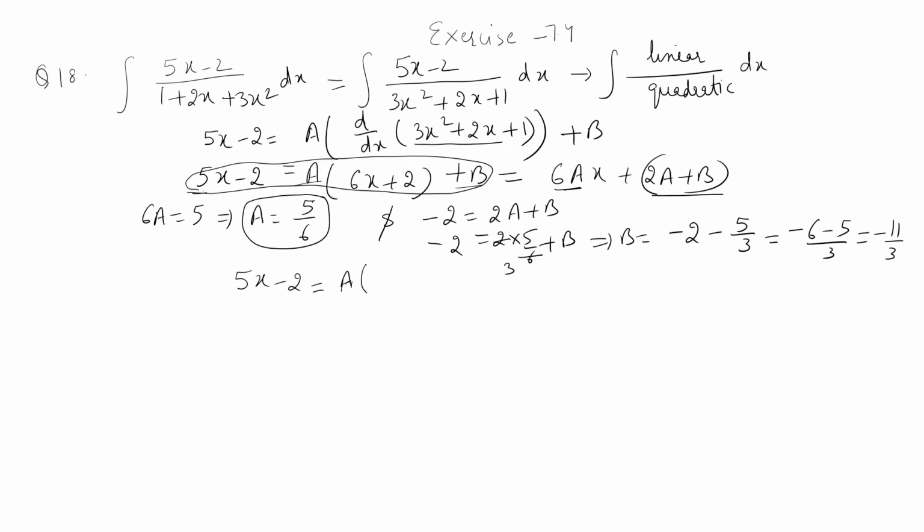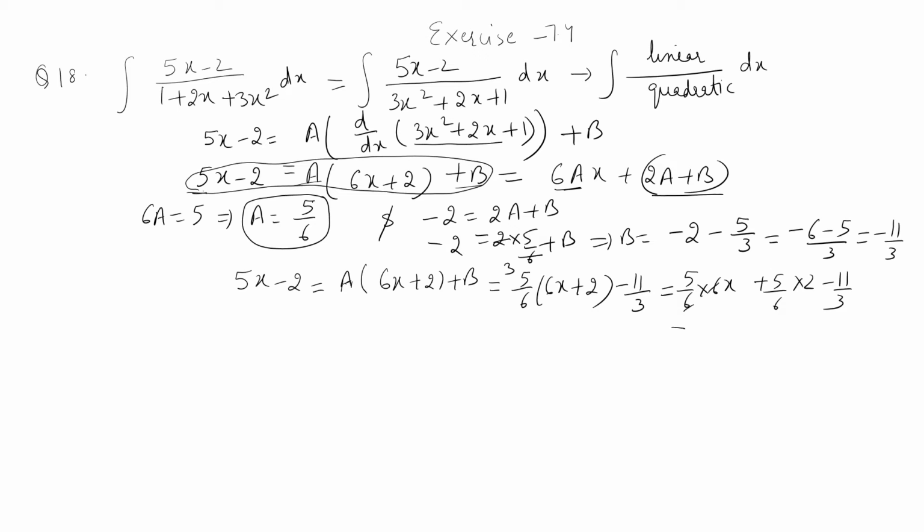With a little bit of practice you can do it mentally also, right? So it is a times 6x plus 2 plus b. Now put the values of a and b: a is 5 by 6 times 6x plus 2, plus b which is minus 11 by 3. Just open it: 5 by 6 into 6x plus 5 by 6 into 2 minus 11 by 3.